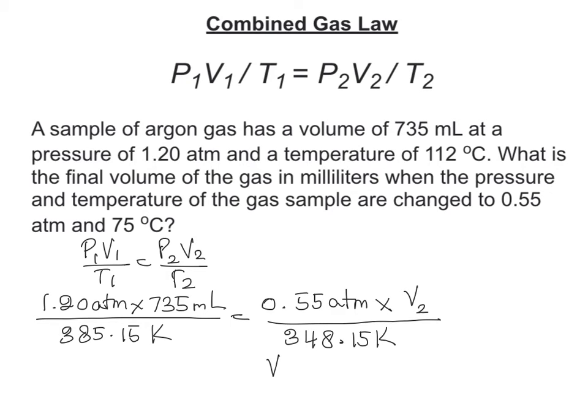So when we solve for V2, it would be 1449.58 milliliters, which we have to round to two significant figures because that's our lowest number of significant figures in the calculation. So V2 is going to be 1400 milliliters.